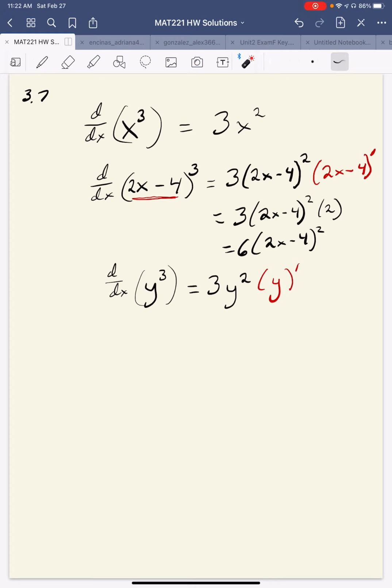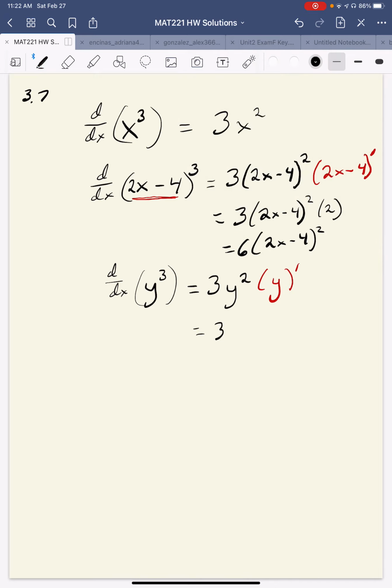I applied the power rule to the original expression, and then, since that original expression was not just a simple x, I also have to multiply by the derivative of that inside expression.